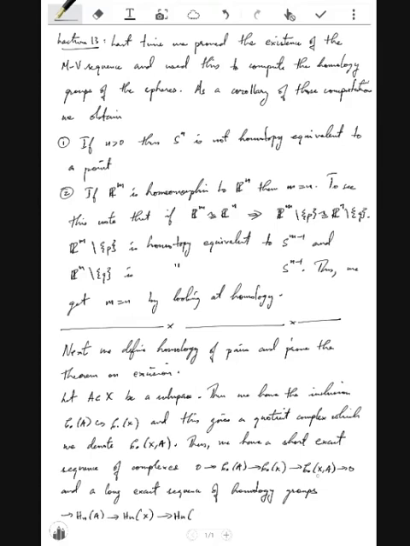So the homology groups of C.(X, A) are denoted as H.(X, A), and so on.